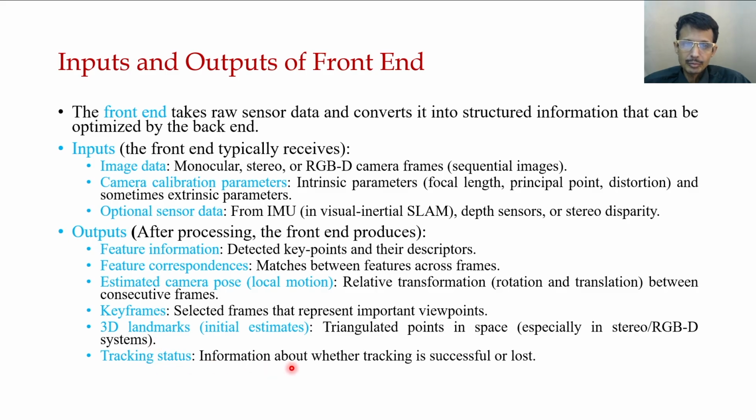And tracking status, the information about whether the tracking is successful or not. So these are the basic outputs that are fed into the backend. This is the basic idea of the front end, what it takes as input and what it produces.